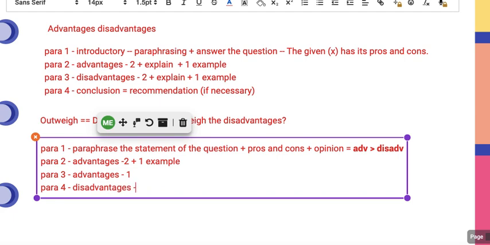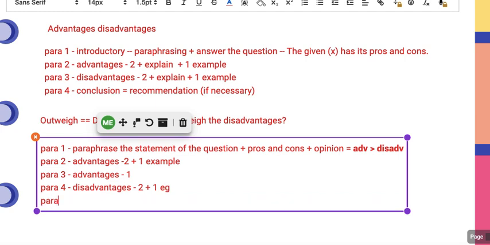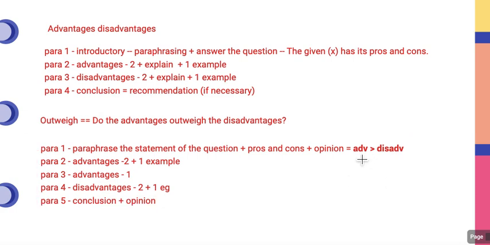Here you will talk about at least two disadvantages with one example. And para 5 is going to summarize everything as your conclusion plus your opinion. You said in the beginning that advantages outnumber the drawbacks, and you clearly showed in your answer that the advantages are more and disadvantages are fewer.